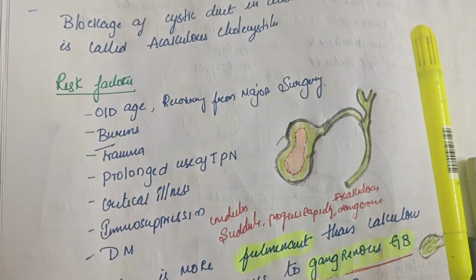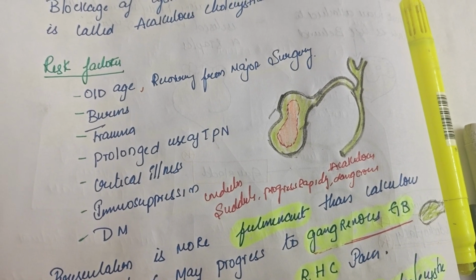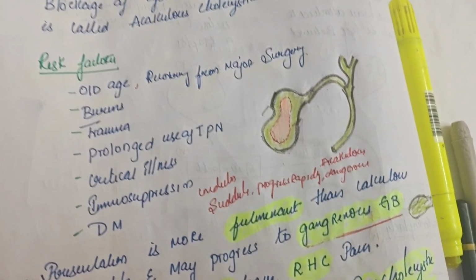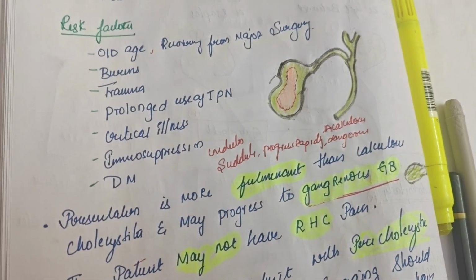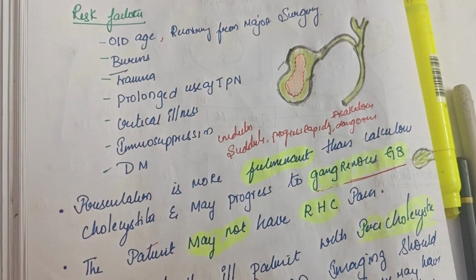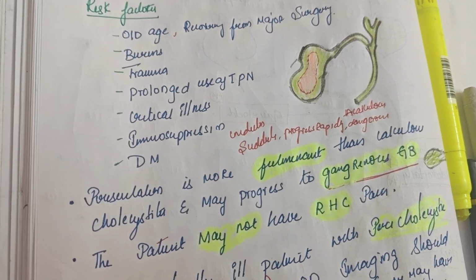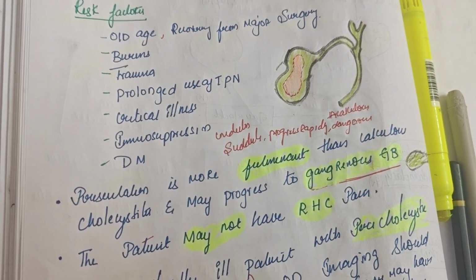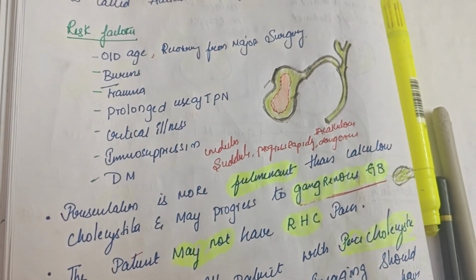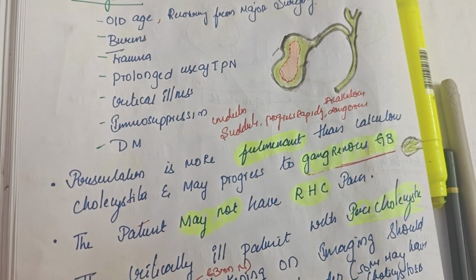Now, what are the risk factors for acalculus cholecystitis? Old age is a risk factor. Recovery from major surgery is a risk factor, right? Burns, trauma, prolonged use of TPN, critical illness because of infection, inflammation, and trauma, same pathophysiology as burns, immunosuppression conditions, and diabetes mellitus.